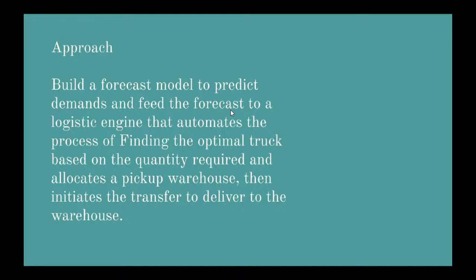Remember, I mentioned earlier that the goal is to make sure that for each depot that sells at a higher rate but has lower stock, we first need to search for nearby depots that have higher stock but lower sales. So we pick stock from those locations based on the suggested quantity.